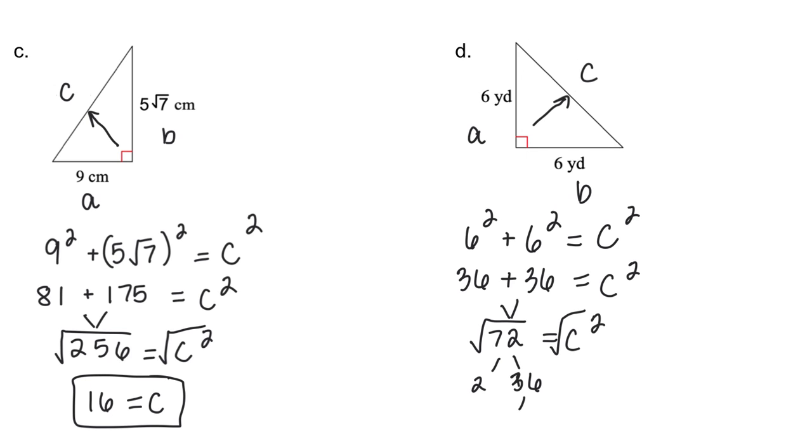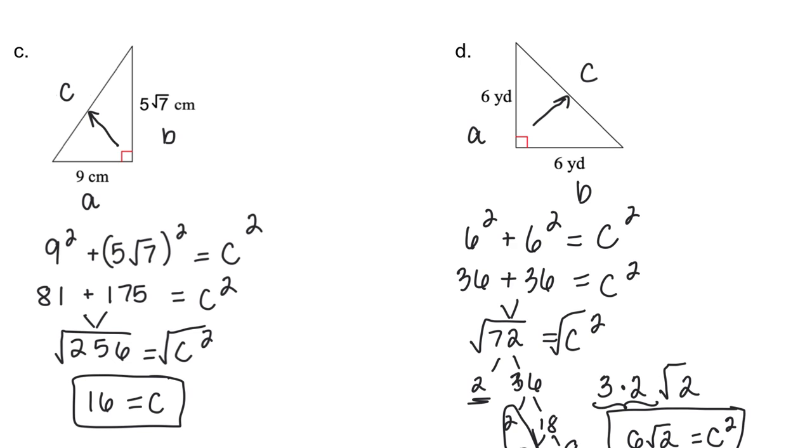Oops, 2 and 18, 2 and 9, and 3 and 3. So we have a pair of 3s, so I can bring out a 3, a pair of 2s, and then 1 2 left over. So I just need to multiply those together. I get 6 root 2 equals C. Sorry, there we go. So my answer for C is 6 root 2.